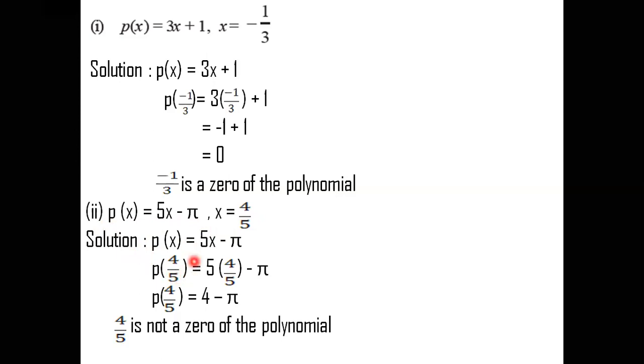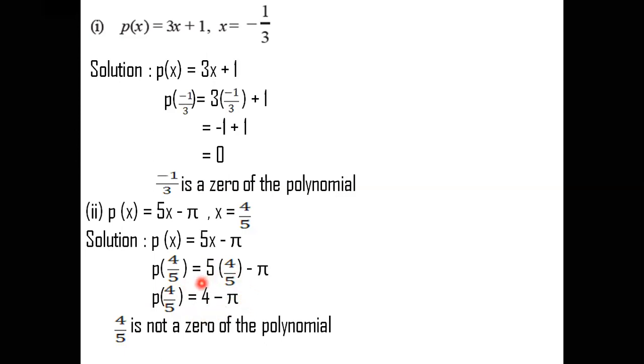Wherever I find x, I replace it by 4 upon 5. So P of 4 upon 5 is equal to, the 5 of the numerator and the 5 in the denominator get cancelled out, so I'm left with 4 minus 5.